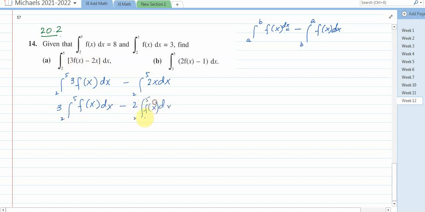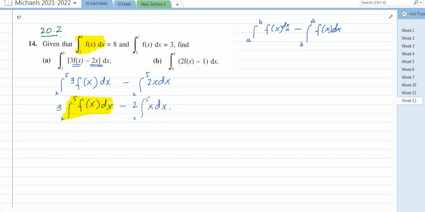In fact this is not f of x, it's only x, as you can see in the question, it's 2x dx. Now we know that the value of this whole expression is exactly the same as what we had in the question, so it is equal to 8, minus 2.